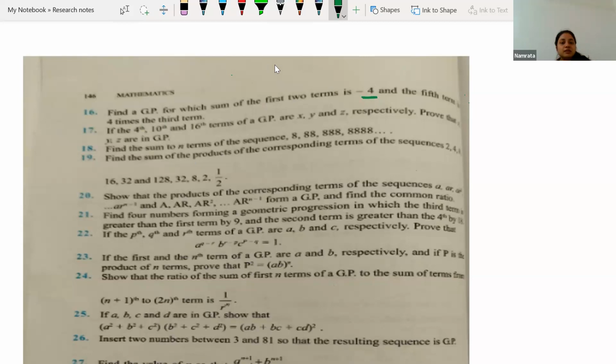Then find the fourth, 10th and 16th term. These two are just like you will be writing the terms, writing the sum, and you will be getting the values. Number 18 is what we are going to discuss.